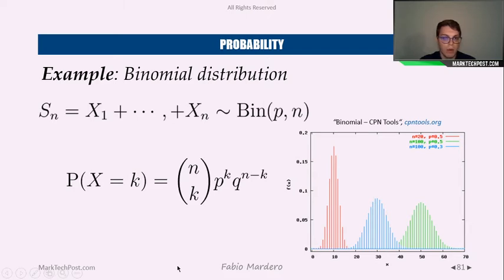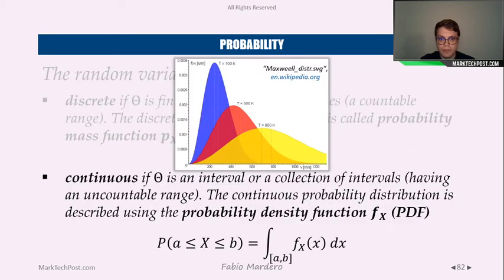An example of binomial distribution can be seen in this picture, in which we have 3 binomial distributions. And this is the probability mass function, but we don't want to look at it in detail. You can study it if you want, but for these slides it is not that important.